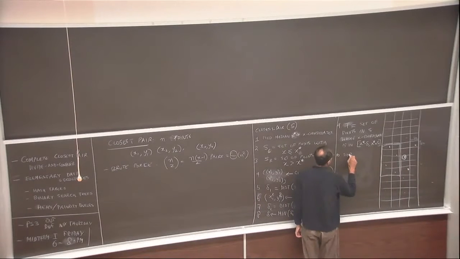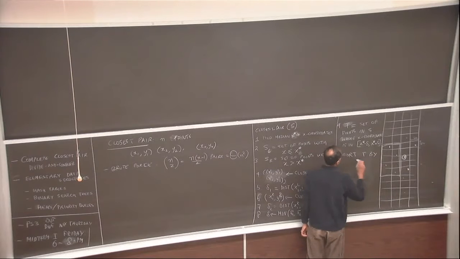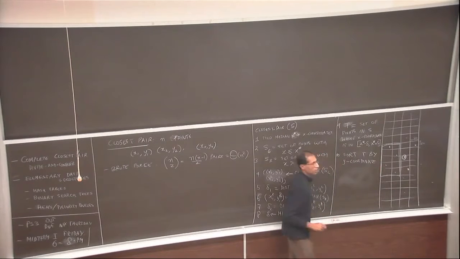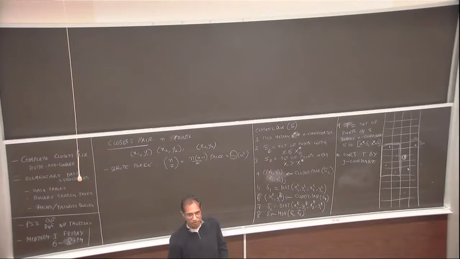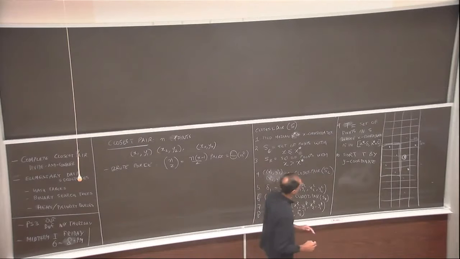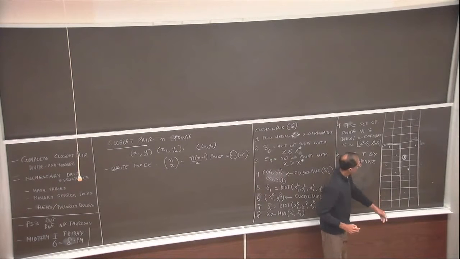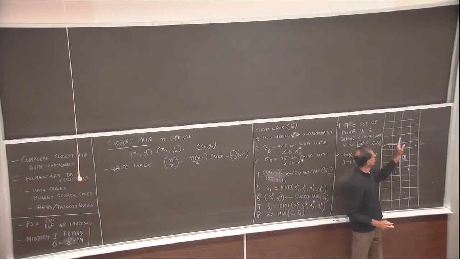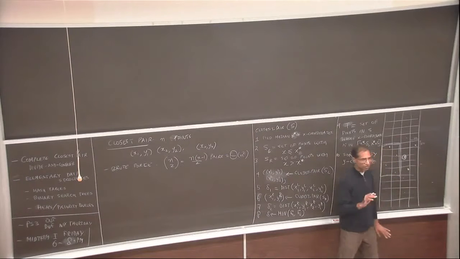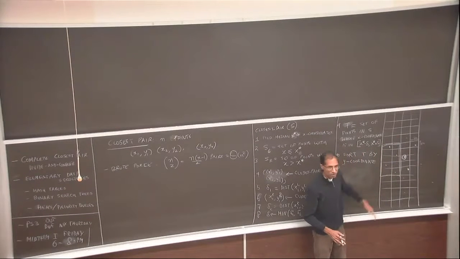Sort T by y coordinate. Now, how do we really efficiently use it? I've sorted all of them together, so I've lost this T1, T2, but don't worry about it. I've sorted all the points.